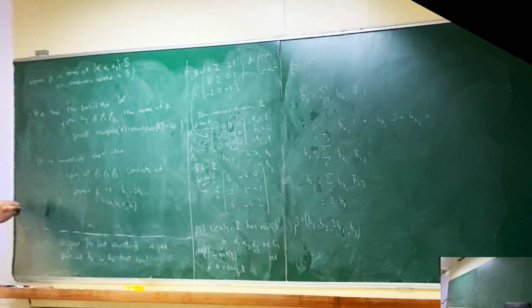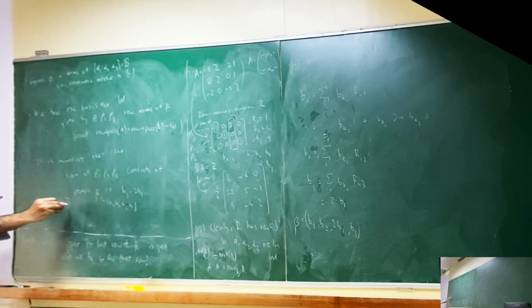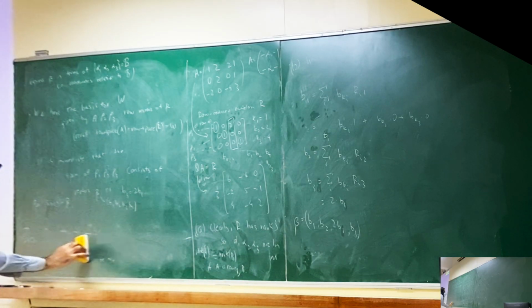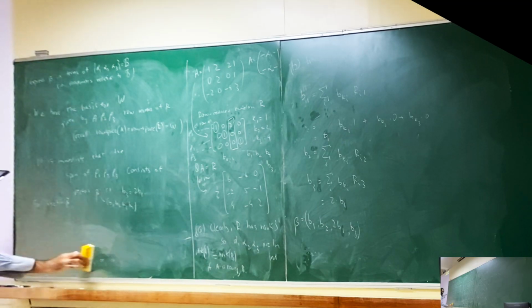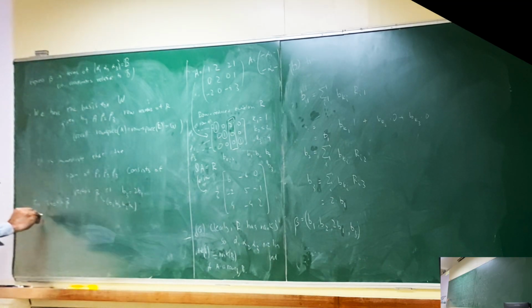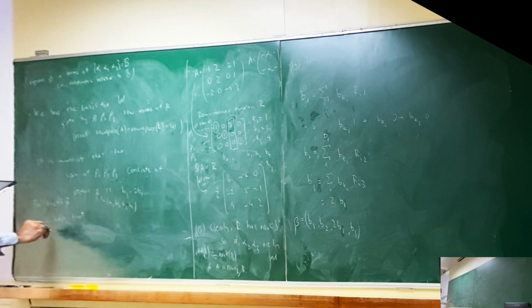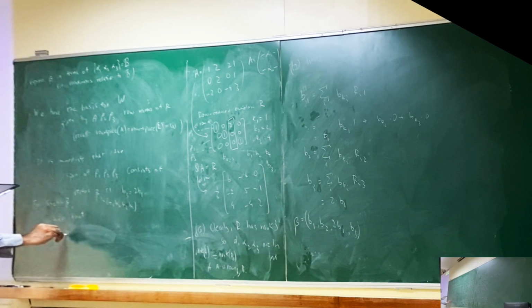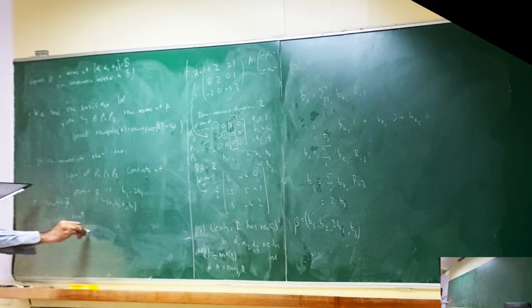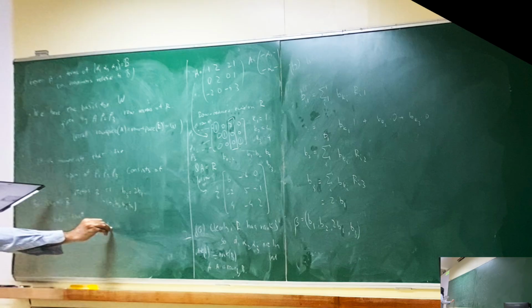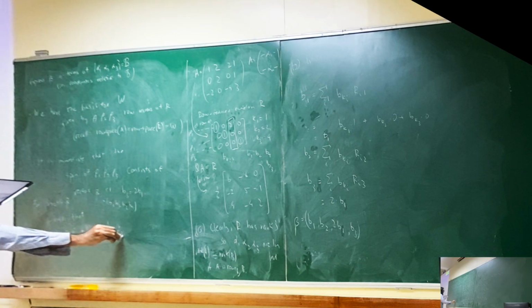Now we take such a vector, such a beta, which holds that beta is B1 row 1 plus B2 row 2 plus B4 row 3.